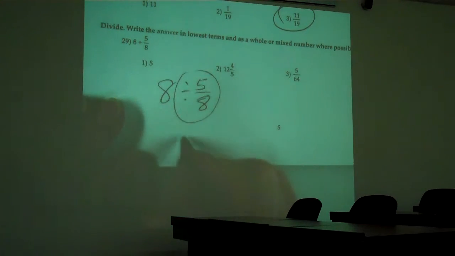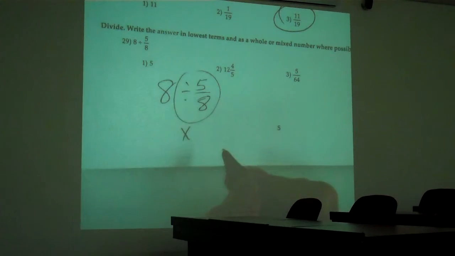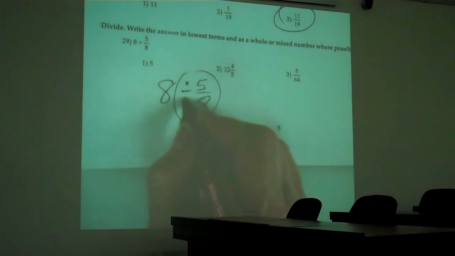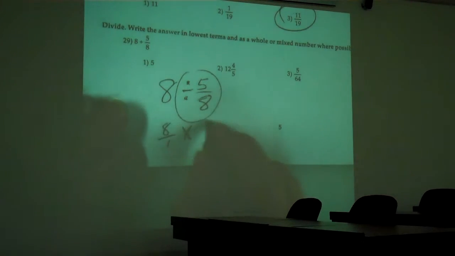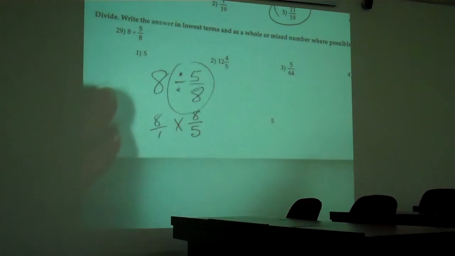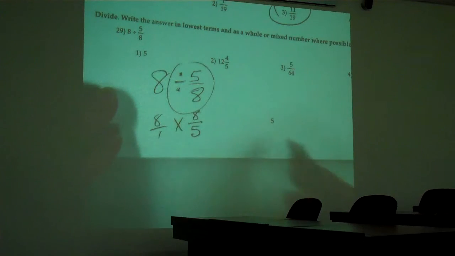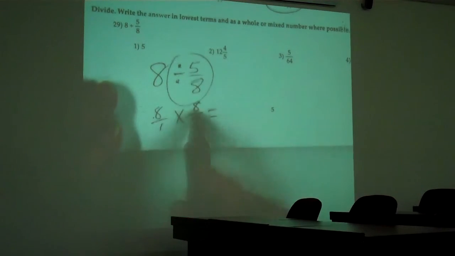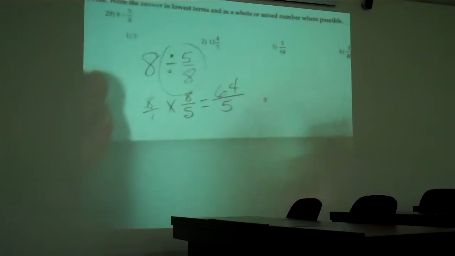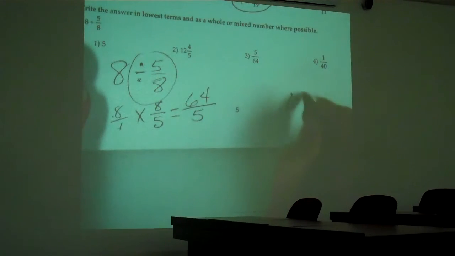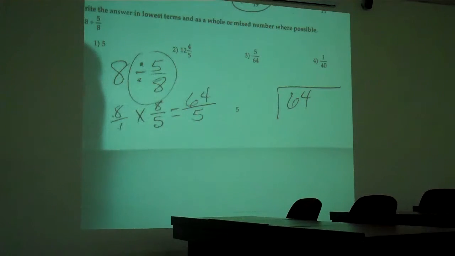Right, 8 over 1. And multiply by the reciprocal, flip it over. Oh, 8s aren't gonna cancel. Okay, 8 times 8, 64, 1 times 5 is 5. Need to turn it into a mixed number.